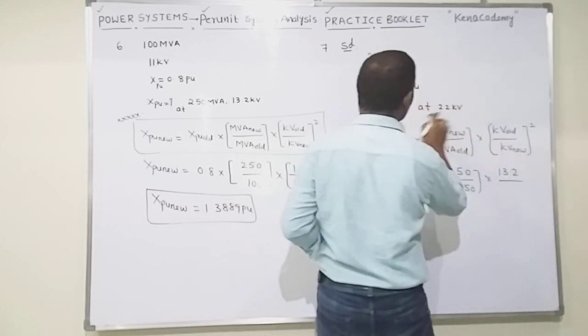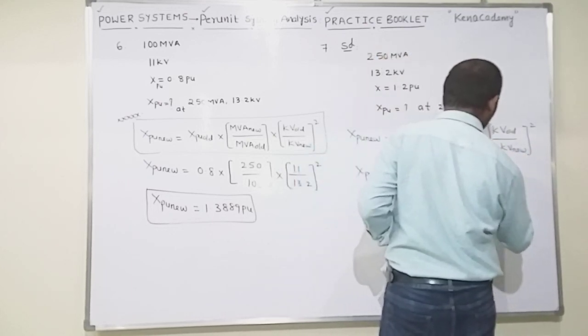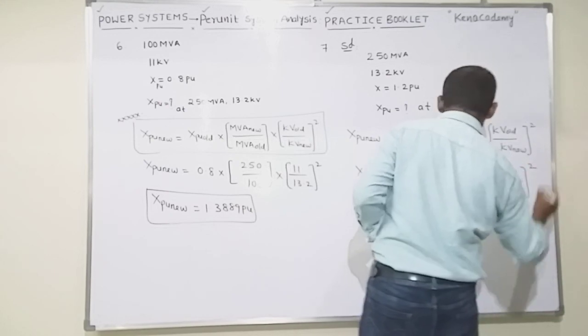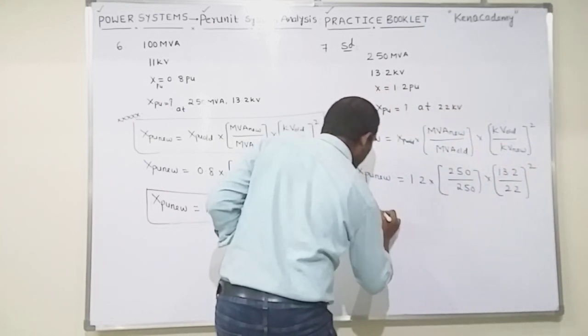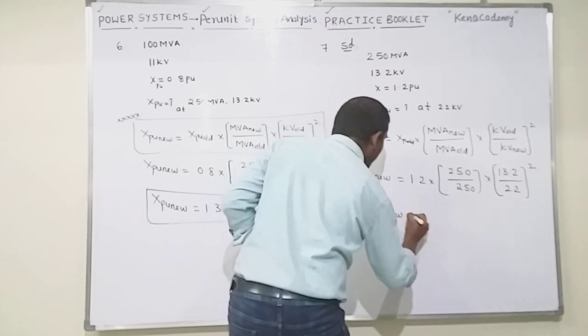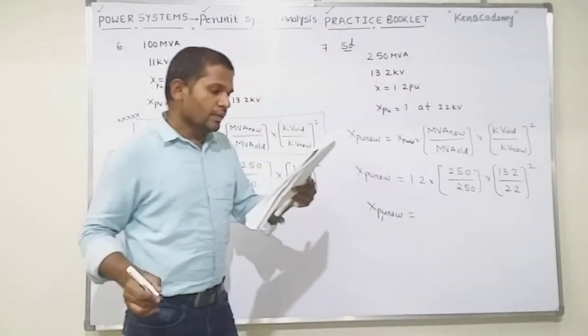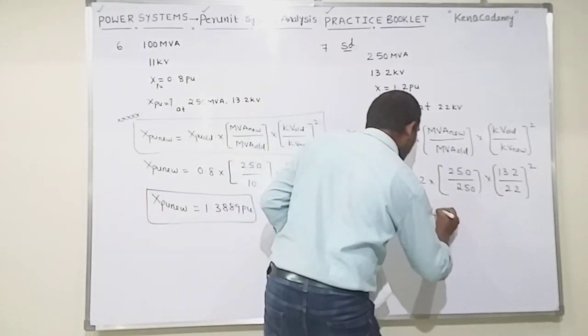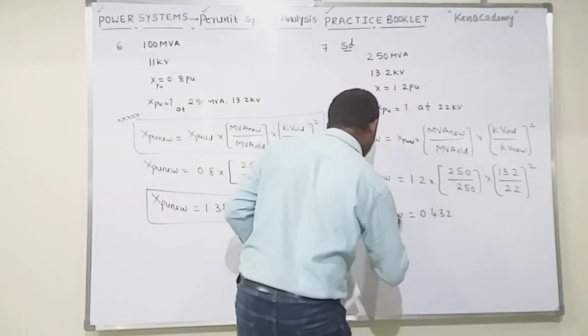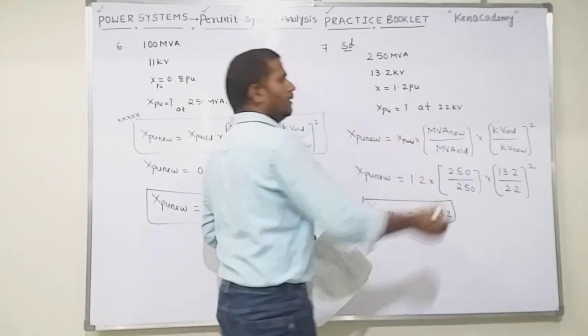What is the kV new? 22 kV whole square. Then do these calculations. What is the X per unit new we can get? The new value of per unit reactance is 0.432. Is it clear? Concentrate.